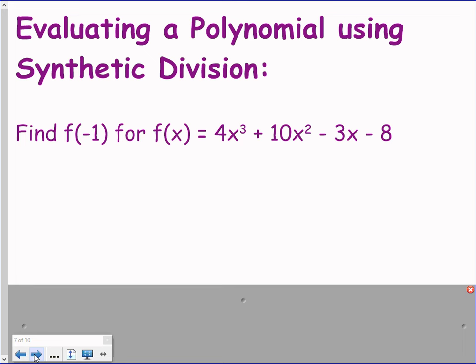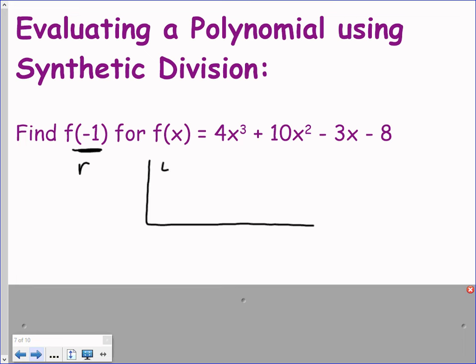And here we want to do it with synthetic division as opposed to what I would call direct substitution, where you just plug it in for x. If you want to find f of negative 1 using synthetic division, you really want the remainder, r.